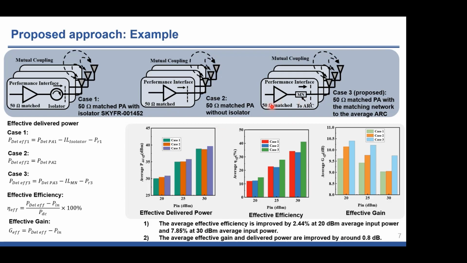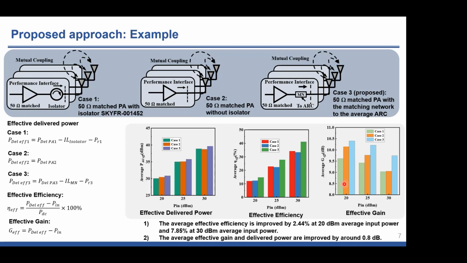This also works for the effective efficiency, which is defined by the effective delivered power minus input power over the DC power. And in all these three cases, case 3 gives us the best PAE, and this also stands for the gain performance.